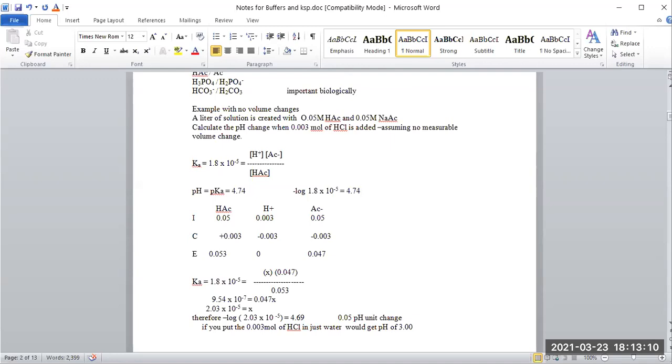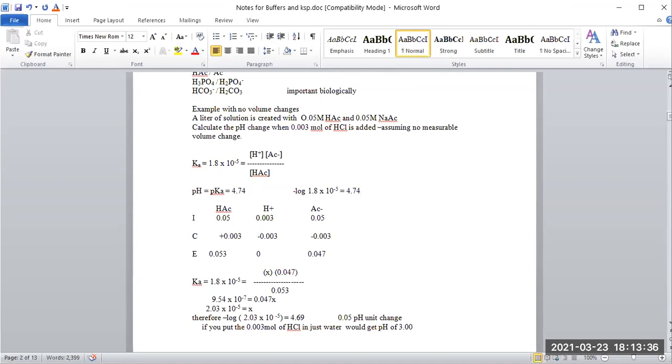Stir it up, okay? Because I am using the Le Chatelier concept here, that little bit of H plus is going to latch on to the AC minus and backpedal toward the left-hand side of this equilibrium.